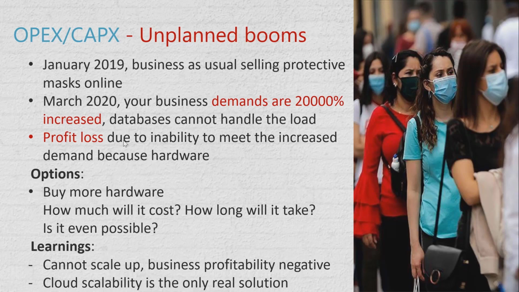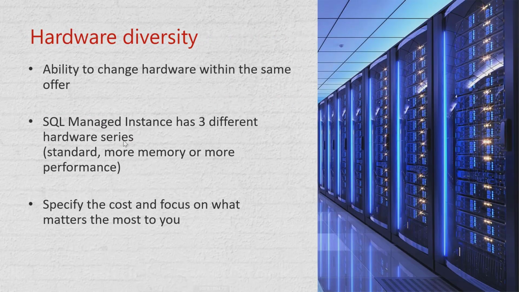And you also realize again that cloud scalability is the only real solution, because all you need to do to provision more resources is go to the portal and click, click, click. Now you have more machines provisioned. You can choose between hardware types if you wanted more performance or less performance, depending really on your business needs.